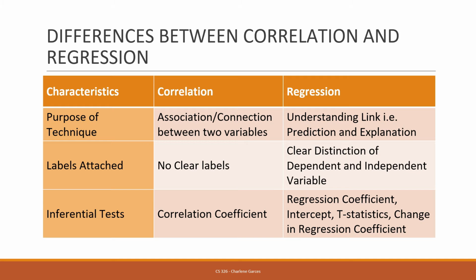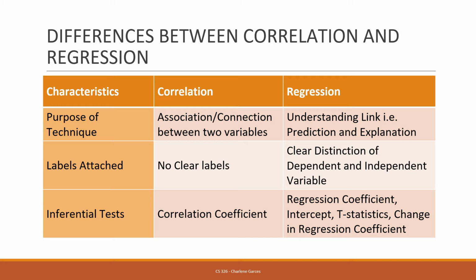Whereas when it comes to regression, it is the understanding link that is prediction and explanation. That's why we have independent and dependent variable, because we are going to predict what will happen to the dependent variable when our independent variable changes or varies. So it explains how.